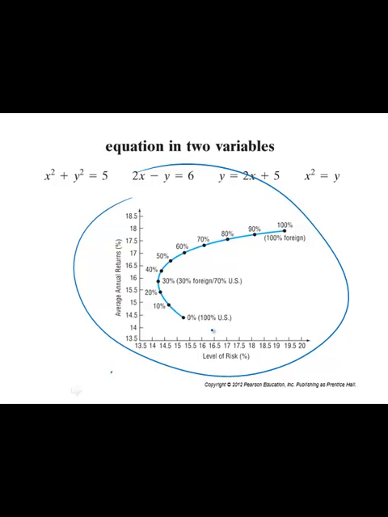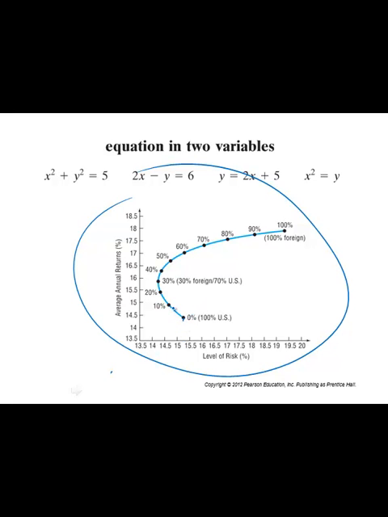If you have 100% U.S. stocks in your portfolio, then you might have this particular balance between risk and return, about maybe a 15.2% level of risk and maybe a 14.5% annual rate of return.